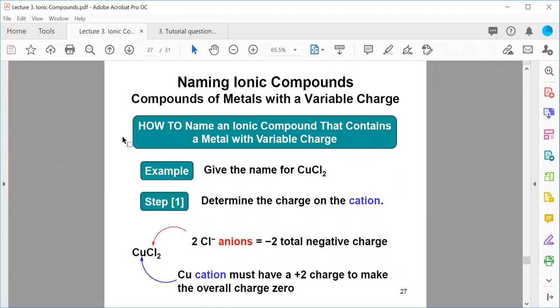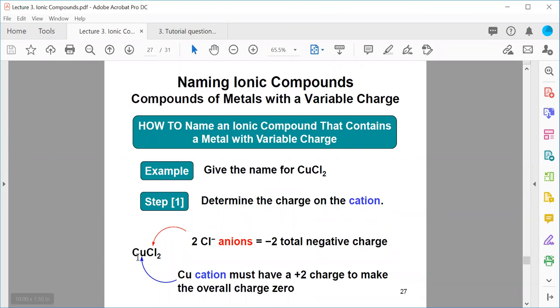All right, how to name an ionic compound that contains a metal with a variable charge. So give the name for this ionic compound here. Of course you would have to look up the position of these elements on the periodic table, and if you did that, you would find that Cu, copper, belongs to that transition metal group that forms cations of various charges. All right, determine the charge on the cation.